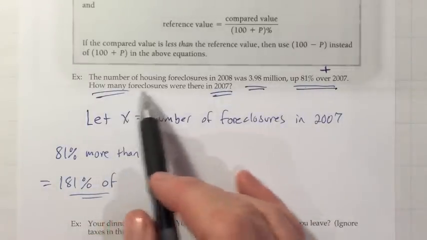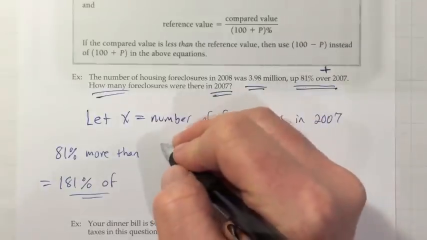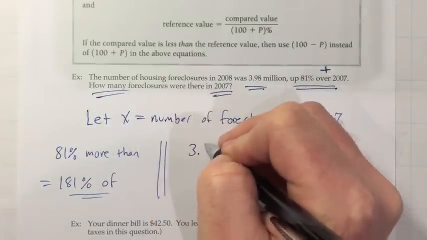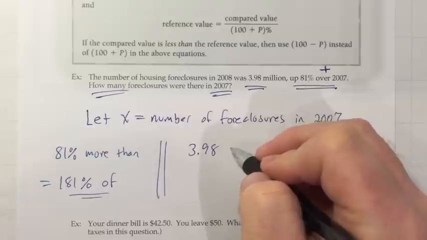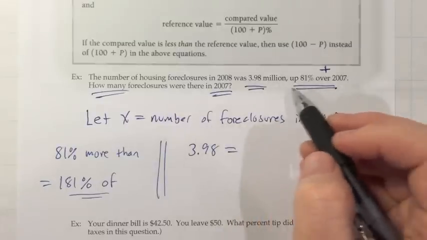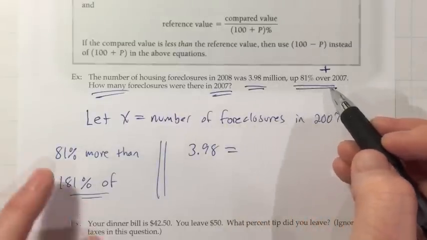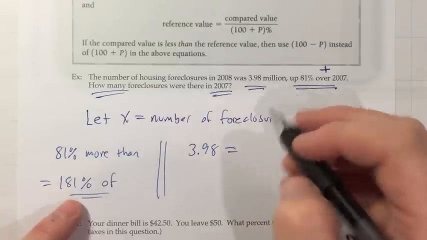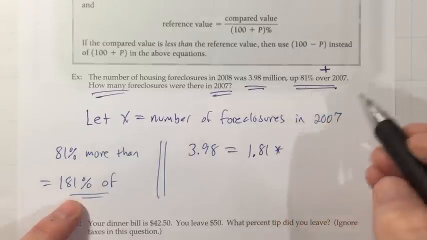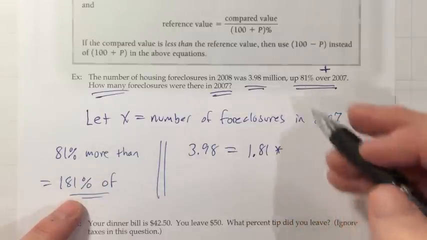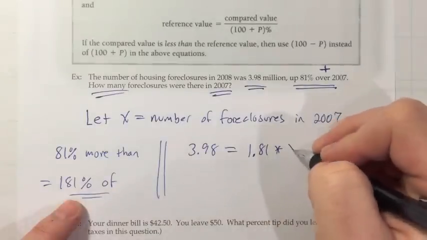So going back to here, this number, 3.98, trying to just translate now, was or is 3.98, and what is that? That's 81% over the old value, which is 181%, or 1.81 times the old value. And the old value is an unknown, so that would be x.